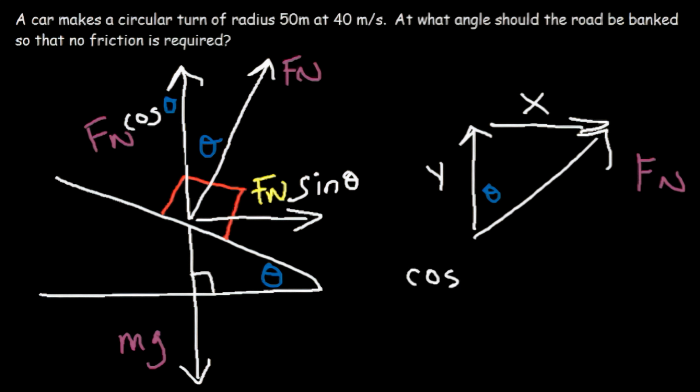Cosine theta, according to SOHCAHTOA, is equal to the adjacent side divided by the hypotenuse. The adjacent side is the side next to the angle, which is y. The hypotenuse is the side across the 90-degree angle, or across the box, and that's the normal force.